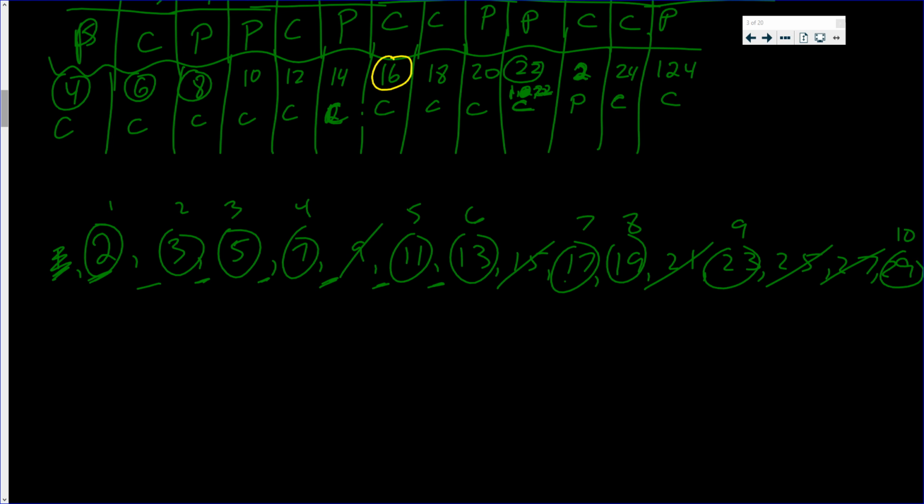Okay, that finishes the section on prime numbers. If only 1 and the number itself go into it, that number is prime. Unless it's 1, and it's not prime.